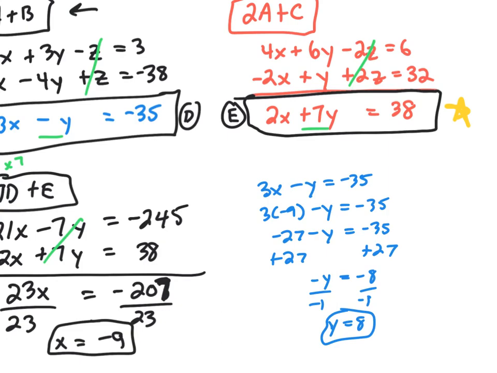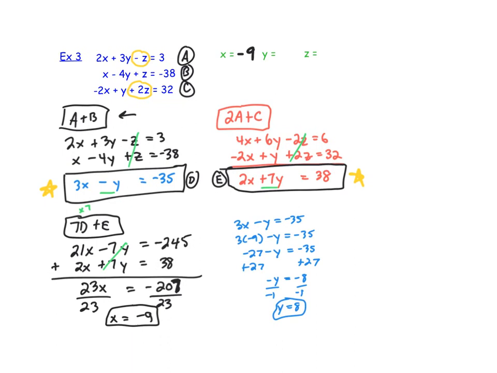All right, so now we have x, we have y. Y is 8. Let's figure out what z is going to be. So the way we're going to do that is we're going to plug it into either the original A, B, or C. And once again, it doesn't really matter. I'll just do A because it's the one that I picked. So that is going to be 2x plus 3y minus z equals 3.